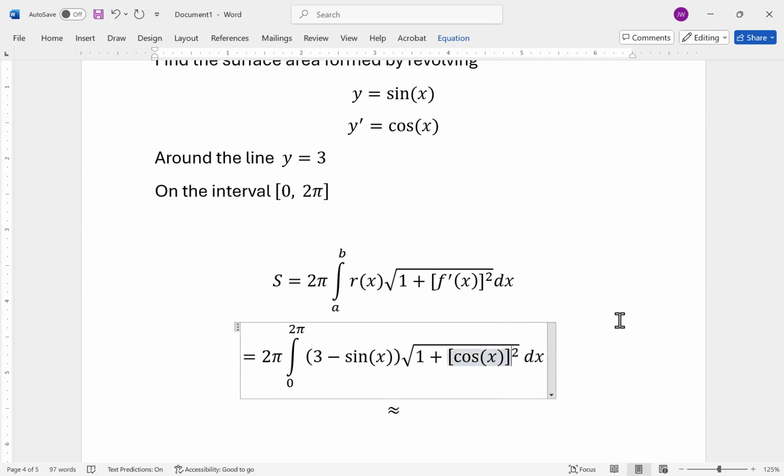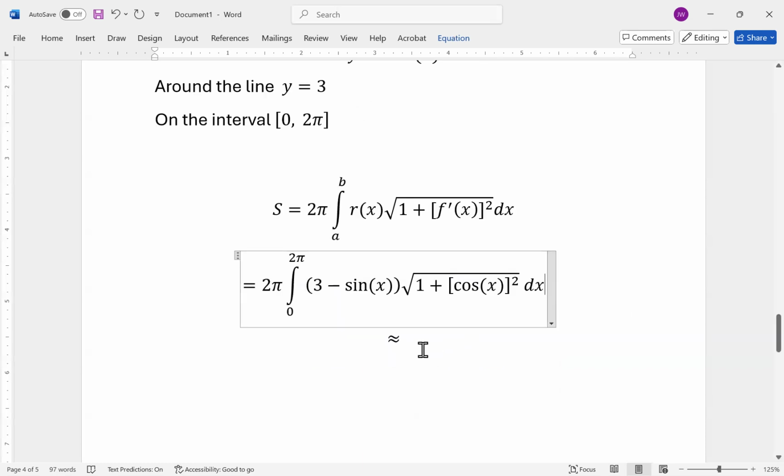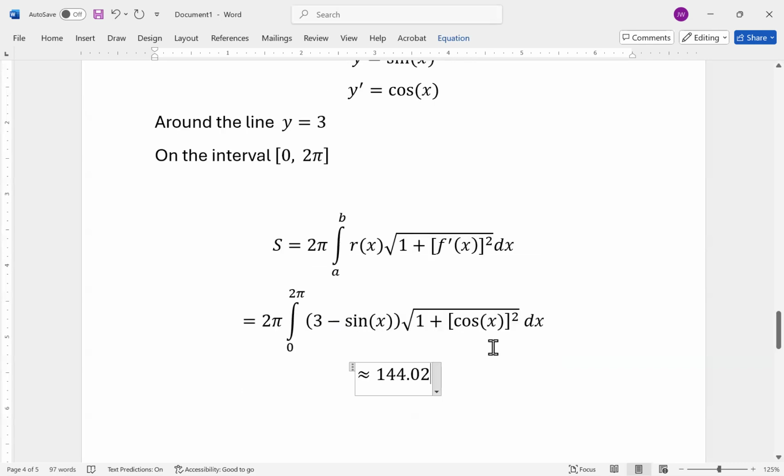So 1 plus cosine squared. I'm going to integrate that with respect to x. What I ended up with is approximately 144.02. And that gives me my surface area, or an approximation anyways, for my surface area.